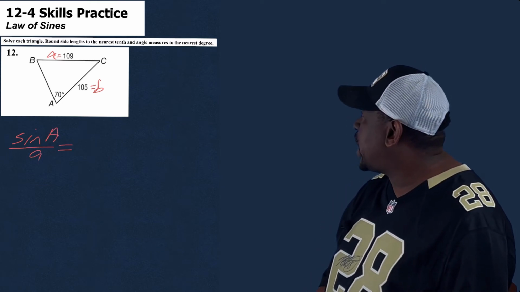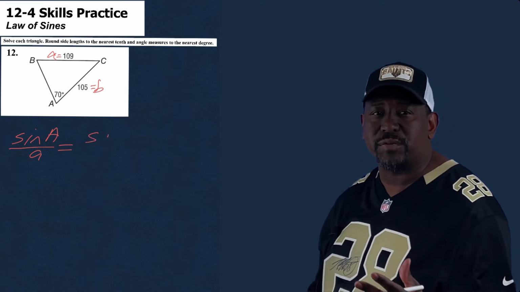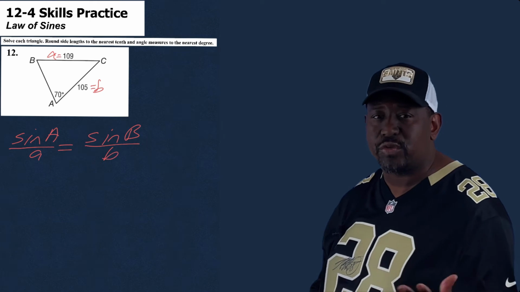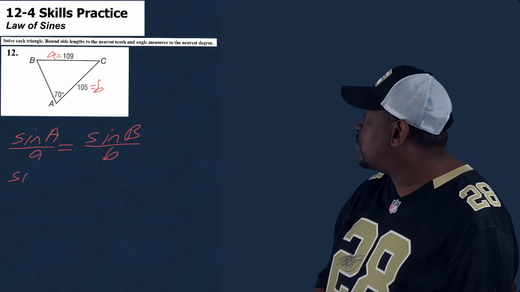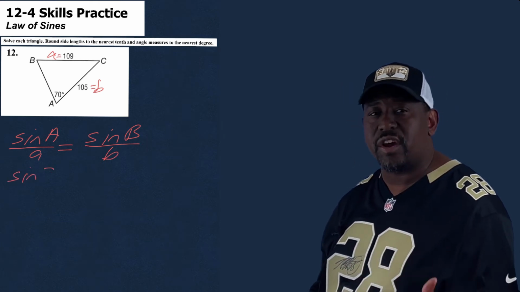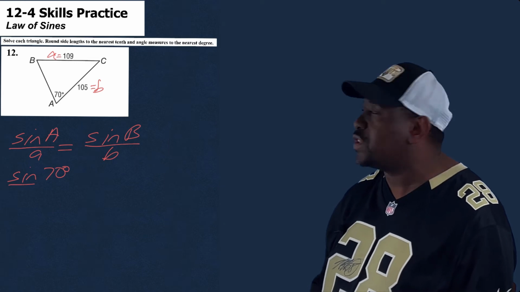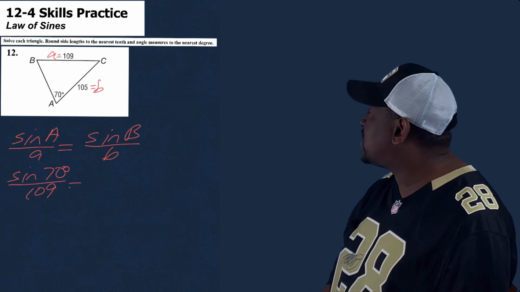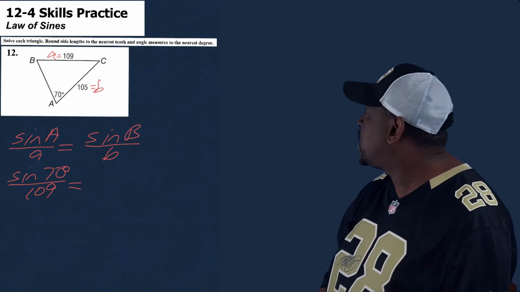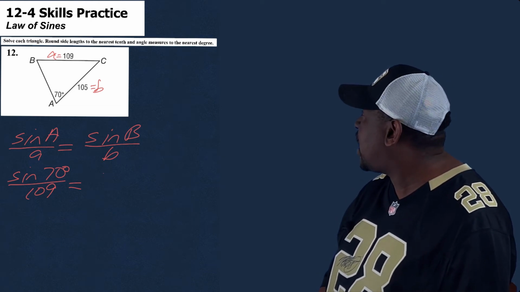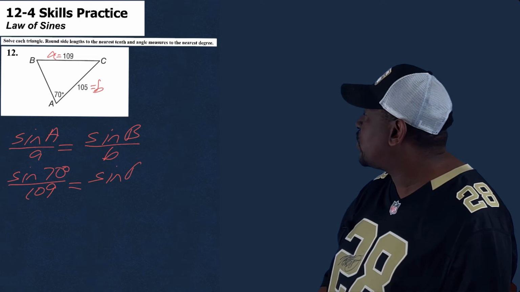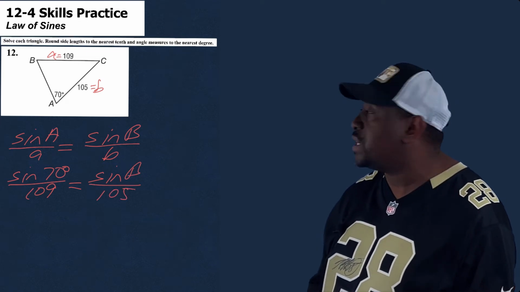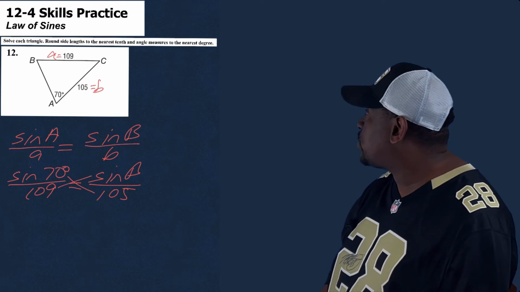Now we know we have a known sine quantity of angle A and side A. We want to use that as our known sine. Now that we have side B, we can find angle B through using the proportion here that's being written. So we have sine 70 degrees over 109 is equal to sine B, which we're solving for, over 105, which is side B. So now we're going to cross multiply.